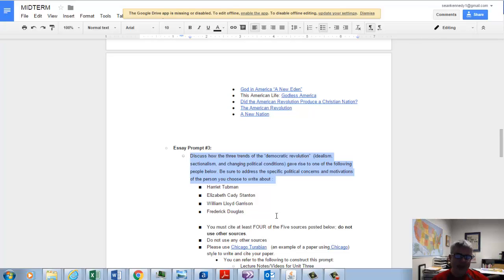So at the end of your preparation, maybe a week before the midterm is due, if you've been doing this regularly, you should have a good stack of index cards, maybe anywhere from 10 to 20. This is where you lay them out and look at what you have. Sometimes you might decide to throw some of them out because they don't seem to respond to the essay prompt, and others you will keep.